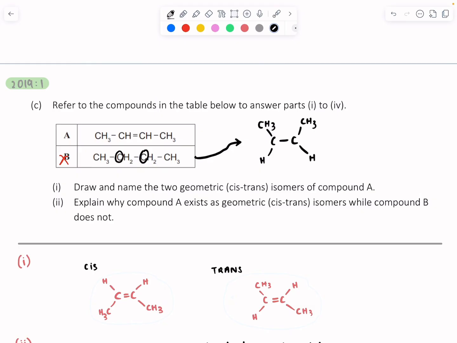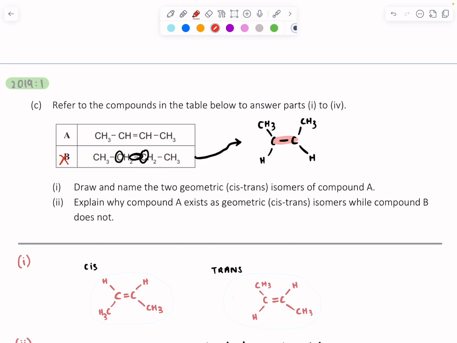It's pretty similar to compound A, but what's the difference? I've kind of made it clear to you. The difference is that there is no double bond between the carbons.